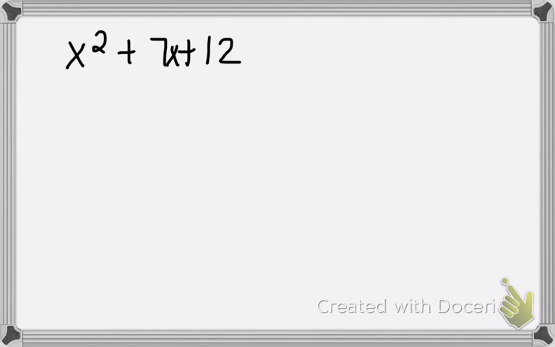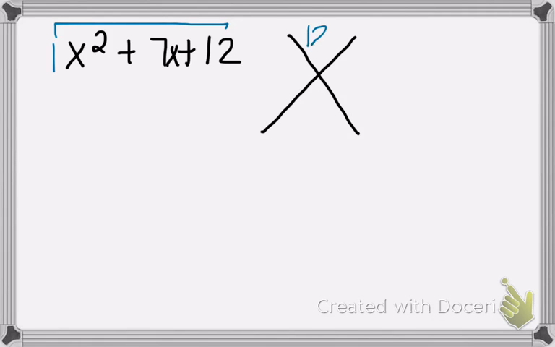Oops, I forgot the X. So what we do is we draw our big X. We're going to do A times C on top. Now in this case, A is just 1. So our top number is going to be 1 times 12, which is just 12. And then our bottom number is going to be our B value, or 7. This was the whole point to doing the magic X.